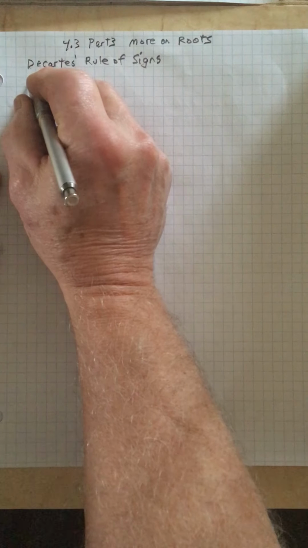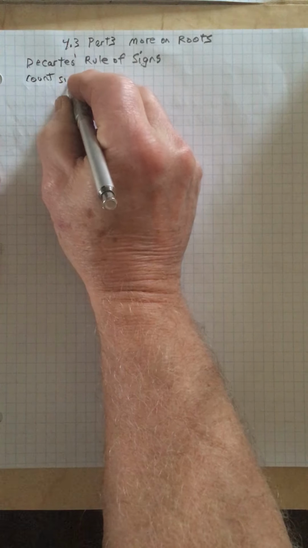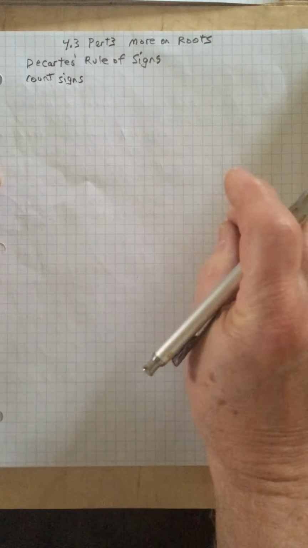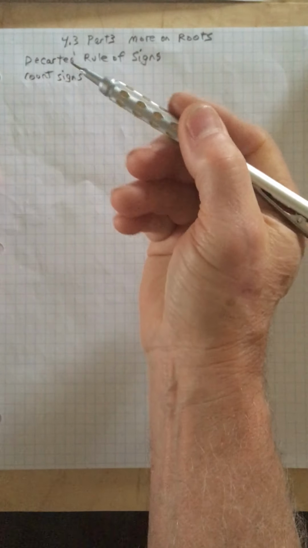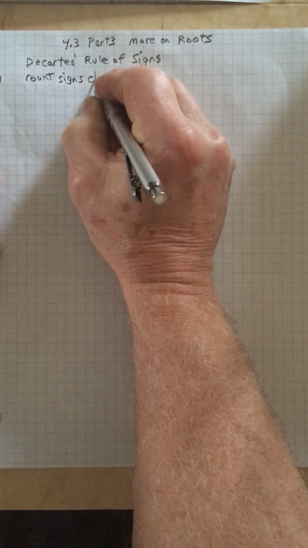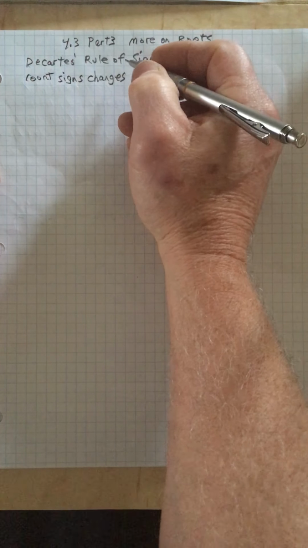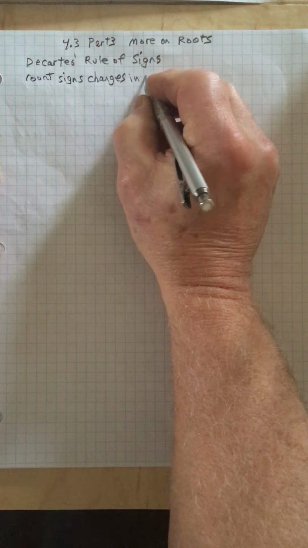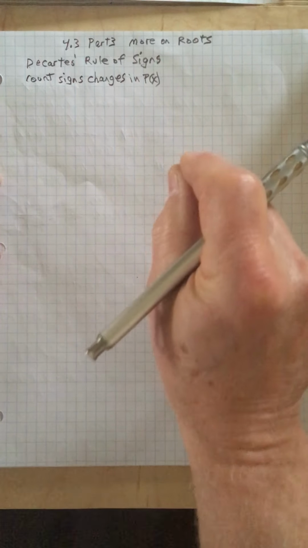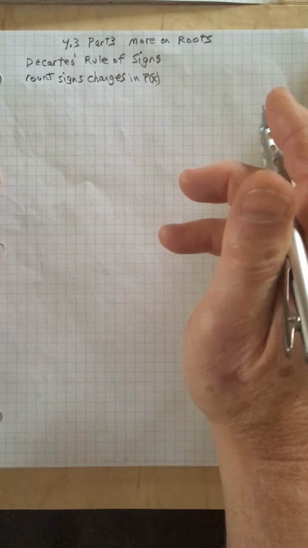First thing you do is just count. You count the sign changes on the coefficients as you go from left to right in the polynomial function. So count sign changes, they call it. We'll see how that works in a minute. Again, you're just going from left to right, looking at the signs of the coefficients, and anytime there's a change, that's a count.